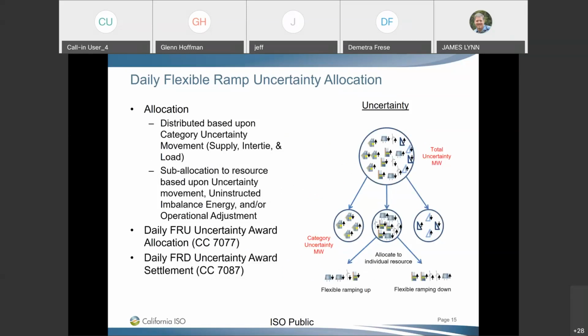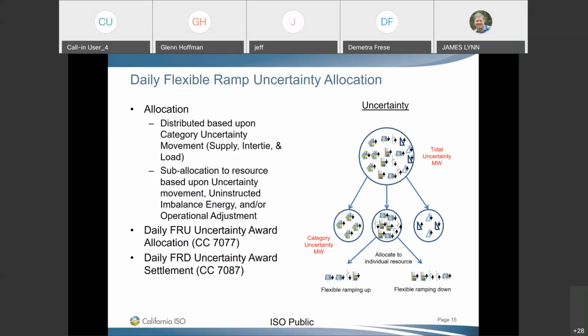I'm going to refer to it as a two-tier allocation. It's not really a two-tier, but it's a distributed allocation. So what Settlements does is we calculate how much of your flexible ramp was awarded for your balancing authority area. In this case, let's say it's with flexible ramp up.